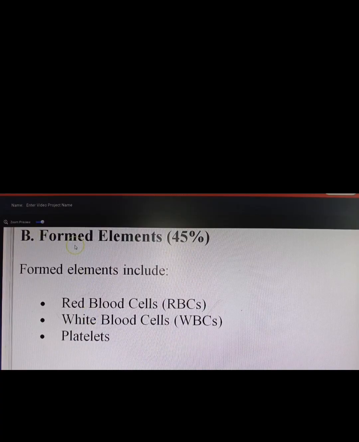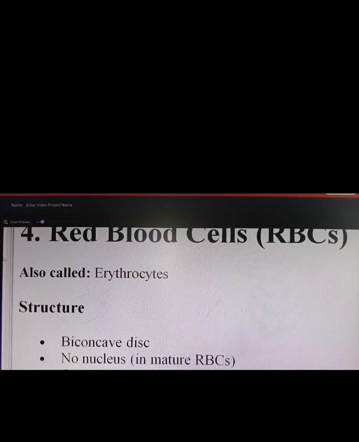Now we will see another component of blood, that is formed elements. Formed elements include red blood cells, also called RBCs, white blood cells, also called WBCs, and platelets. Now we will study red blood cells, also called erythrocytes.